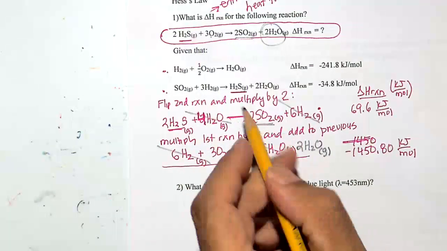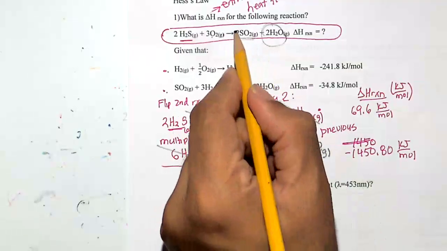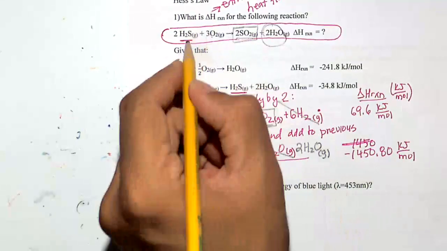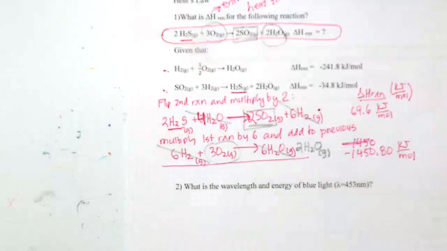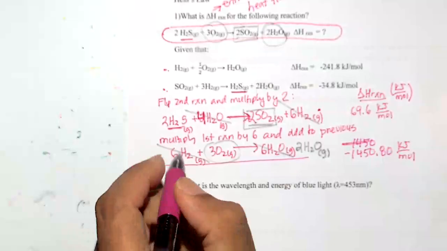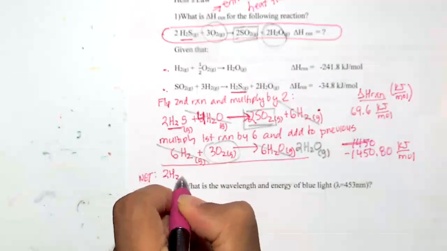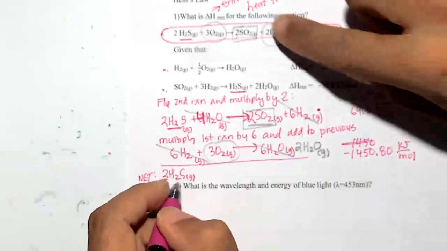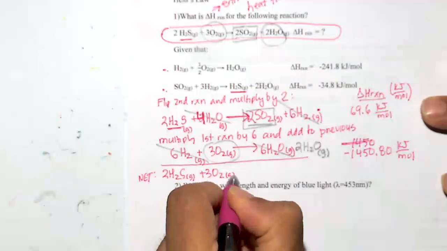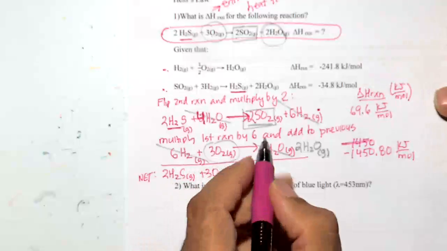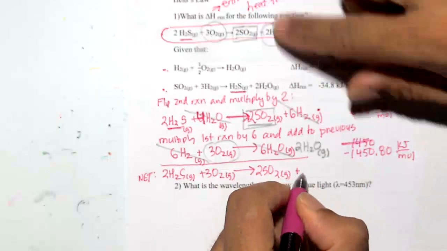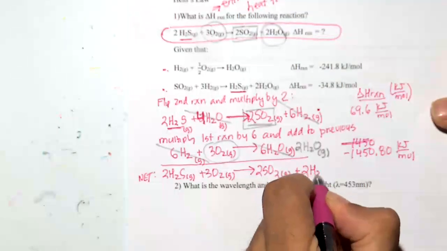And then the 2SO2 is here, and the 3O2 is here. I think we're good. So our net is 2H2S gas plus 3O2 gas going to 2SO2 plus 2H2O gas.